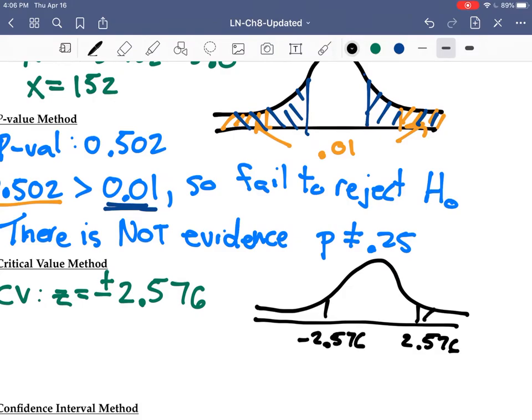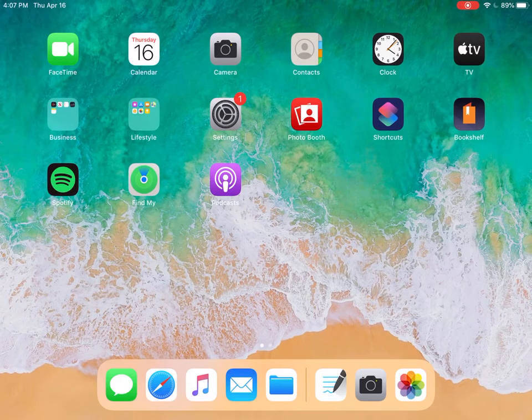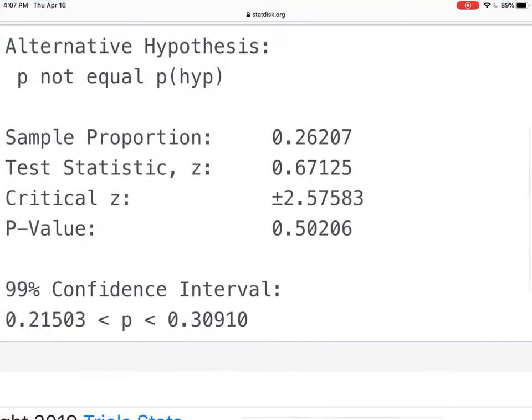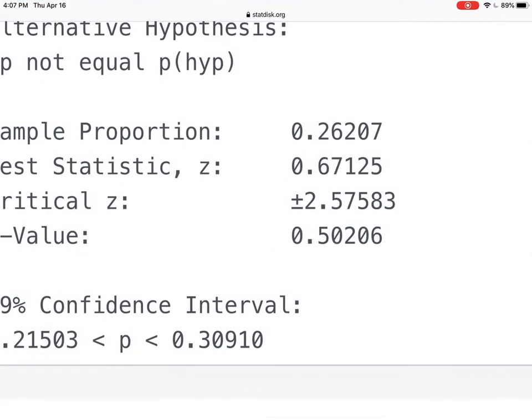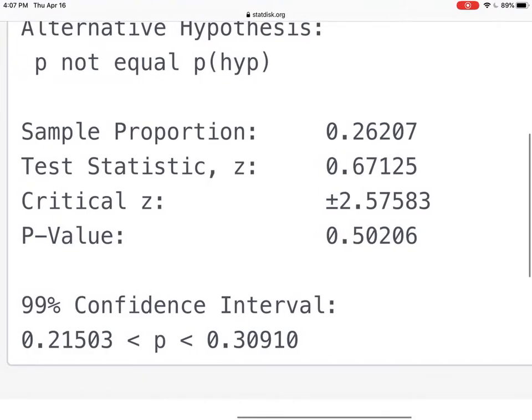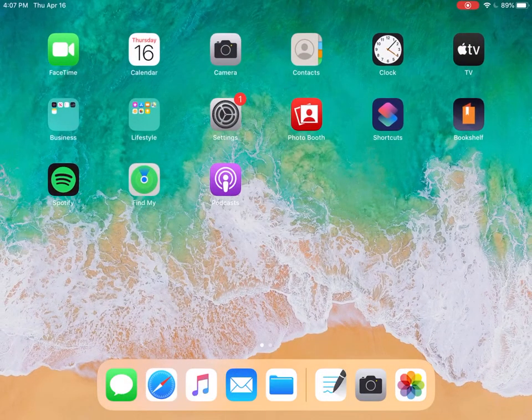Again, we're still thinking about whether we are in one of these two tails. What we want to look at is the test statistic. Going back to StatDisk, our test statistic is 0.67125, so 0.671.